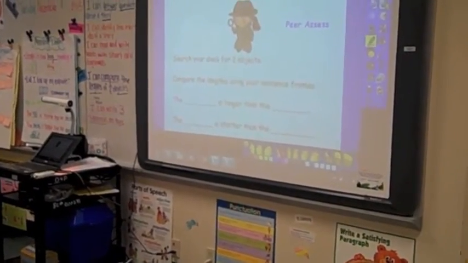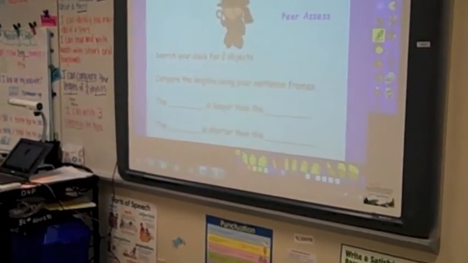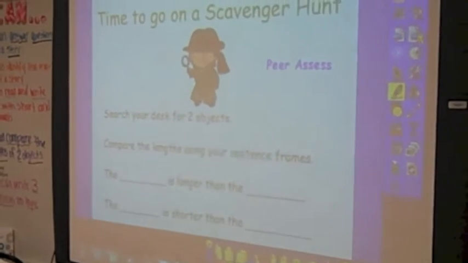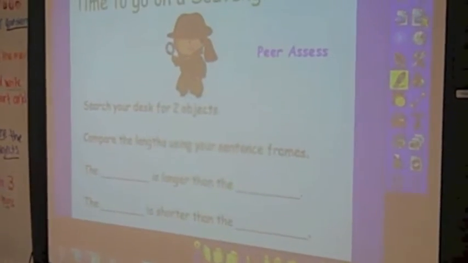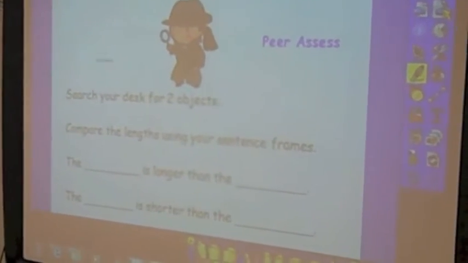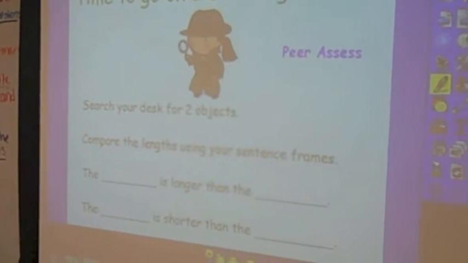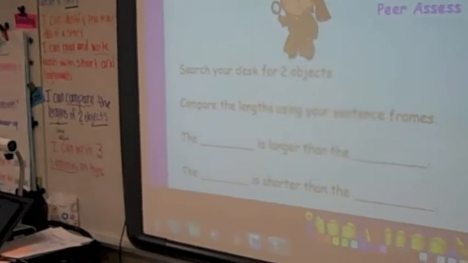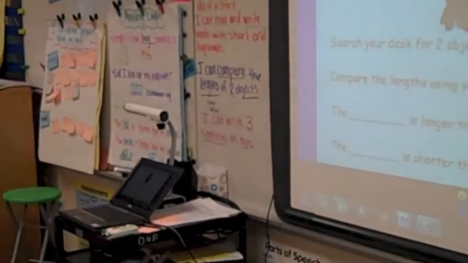All right, boys and girls, now that we've been on our scavenger hunt, I want you to switch papers and objects with your partner, and I want you to peer assess. Remember, a 3 means what? I know this. A 2? I don't know. Little help. And a 1? I don't know any of this. So peer assess.